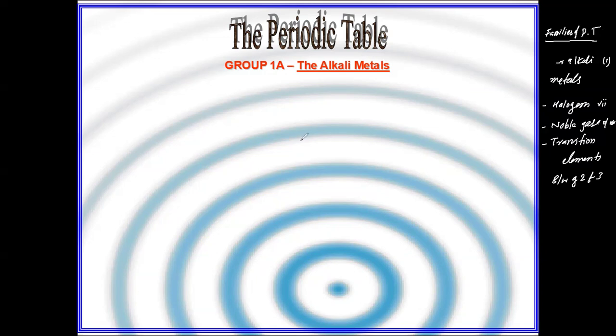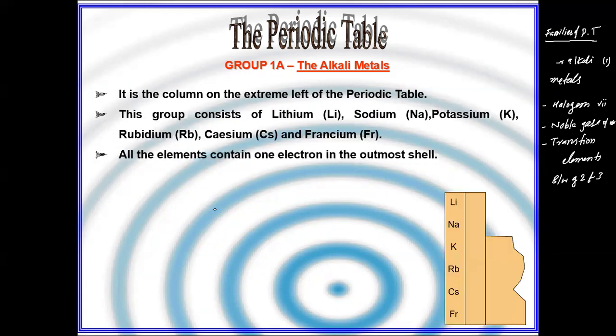Now in alkali metals, it is the column on the extreme left of the periodic table. Let me show you in the diagram. Yes, you can see this.